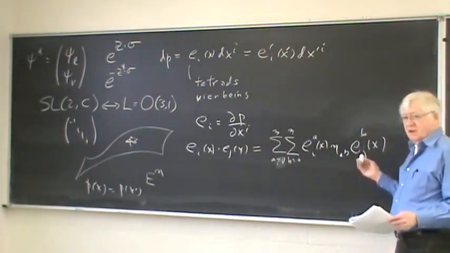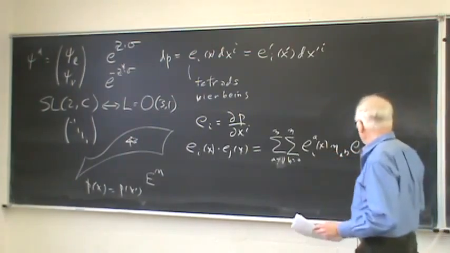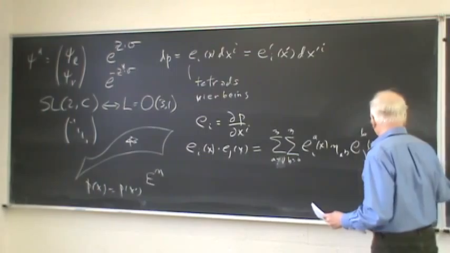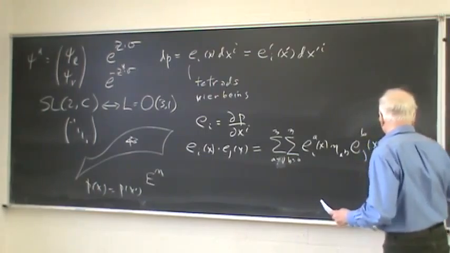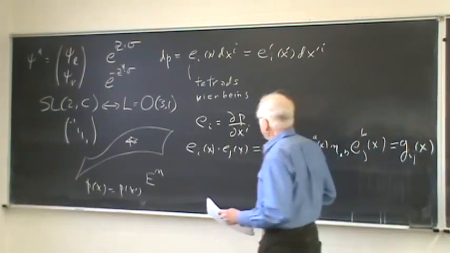So this is the way where you have a different change of basis at each point. And of course, we're going to call this g_ij(x). So this is going to be our metric tensor.